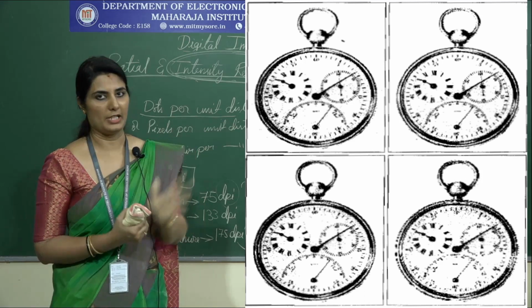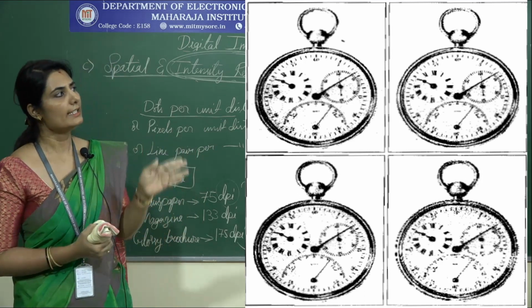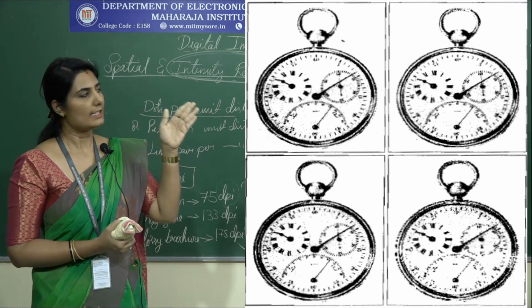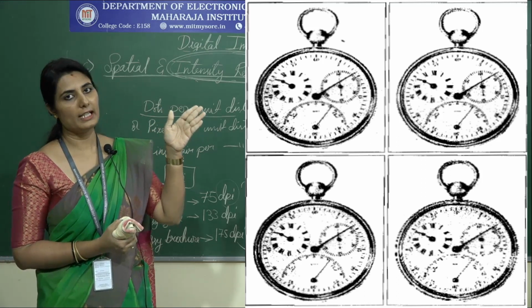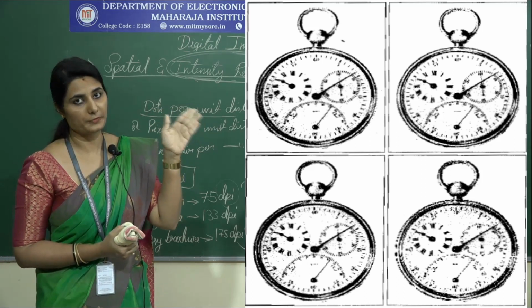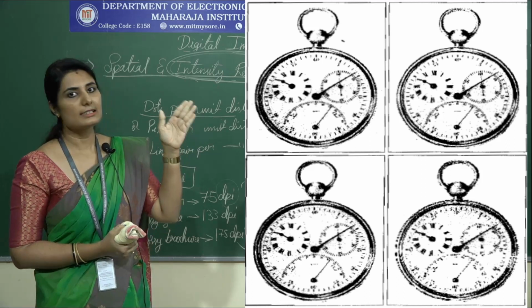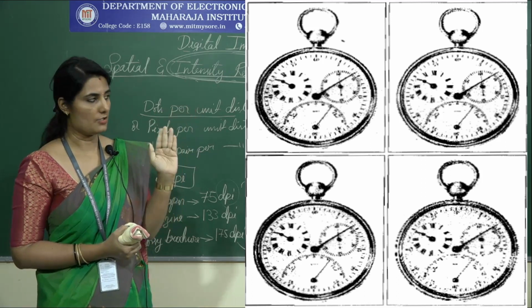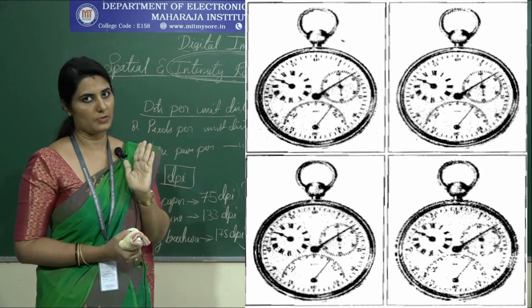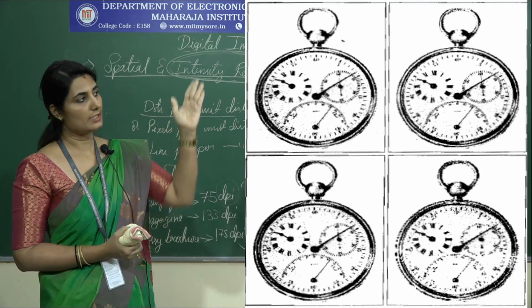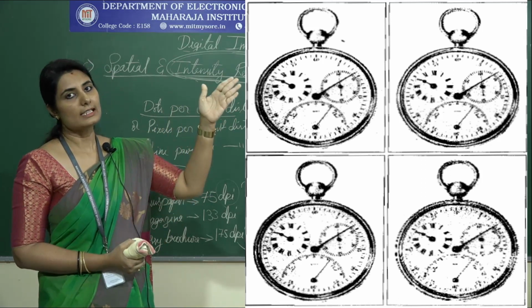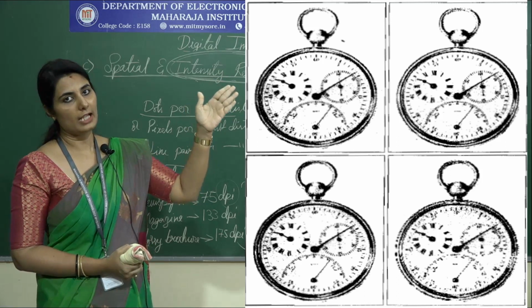Look at this image. The first figure has a DPI value of 1250. This is a very high quality image. Now look at the second image next to that.